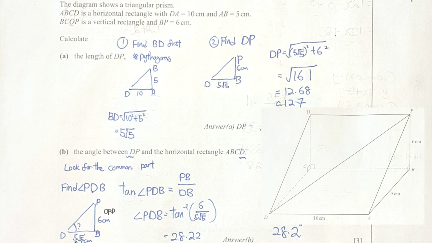So tangent PDB equals 6 over 5 square root 5. Tangent inverse of 6 over 5 square root 5 will get you 28.2. So this 28.2 will be your final result.